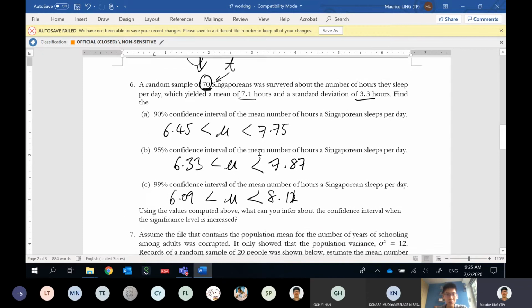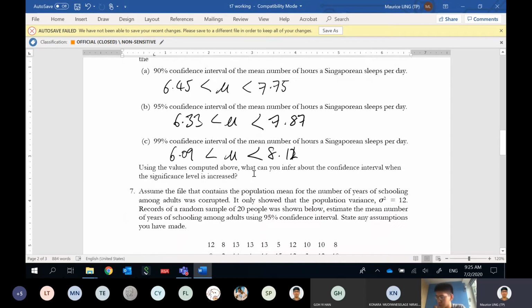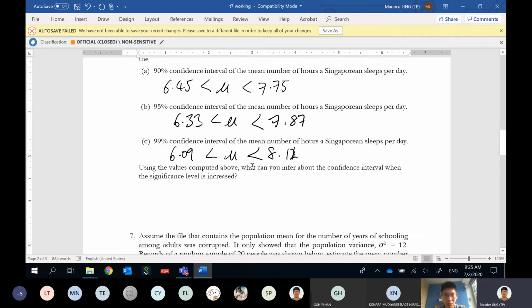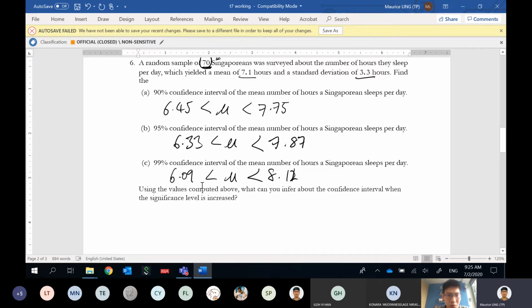It's close enough. Now, based on this, what can you infer when you look at the confidence level versus the interval? What can you deduce from these three answers? As the confidence level increases, the range becomes wider.